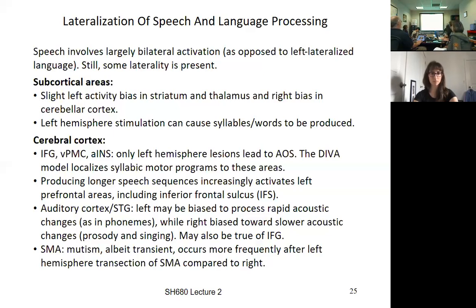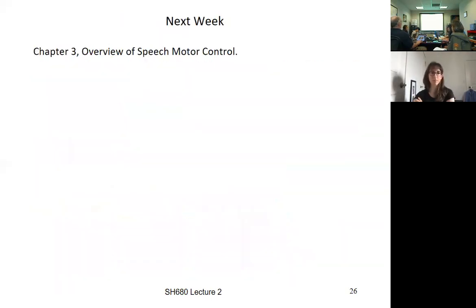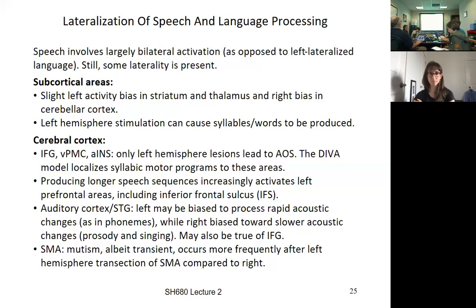Transient mutism will occur, but only for left SMA damage. But keep in mind that a month later, this mutism almost always goes away. So it's not as crucial as the left ventral prefrontal cortex, where apraxia never goes away. Okay. Any questions?